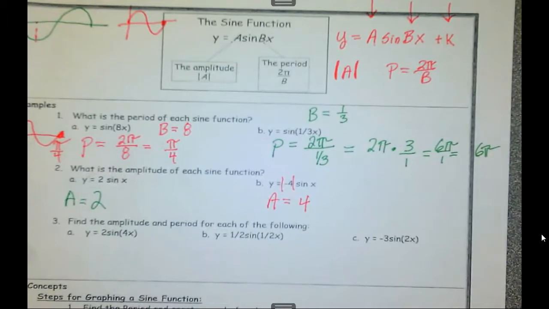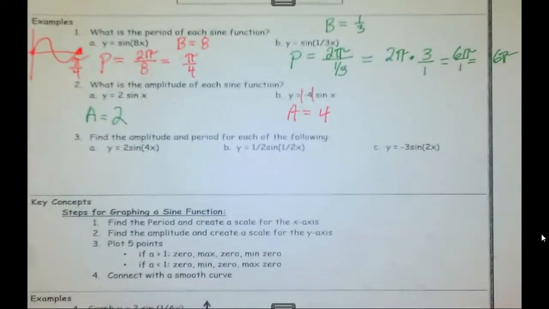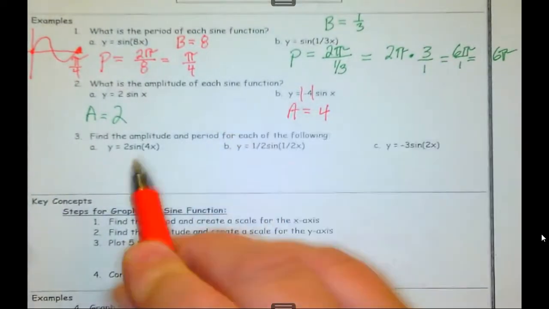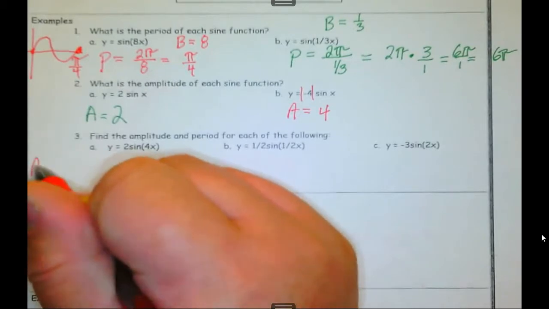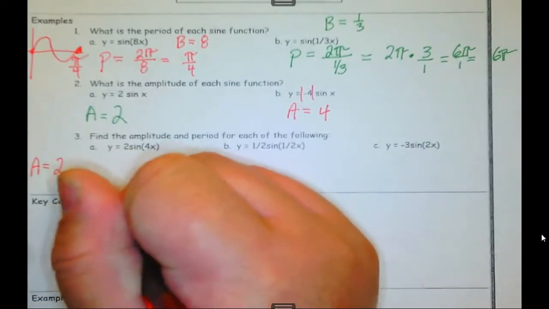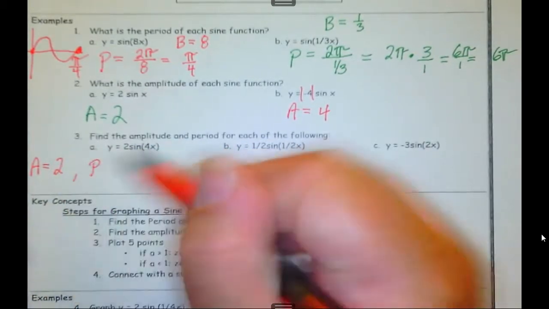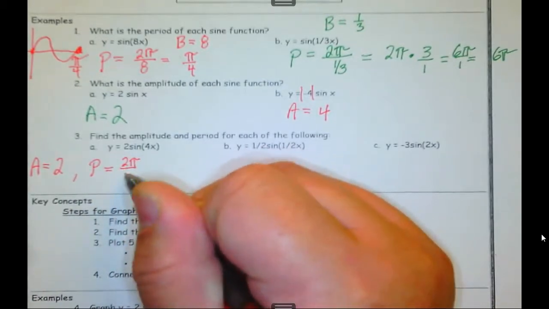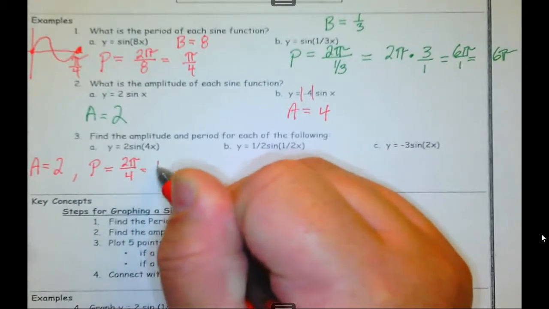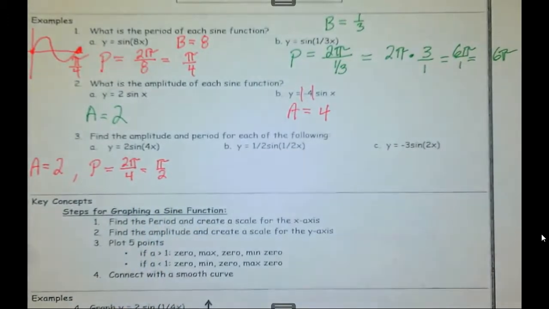Okay, don't freak out. We're going to find two things at once. We have to find the amplitude and the period. What's the period? Well, it's 2 pi over b. What's my b? So I get pi over 2.